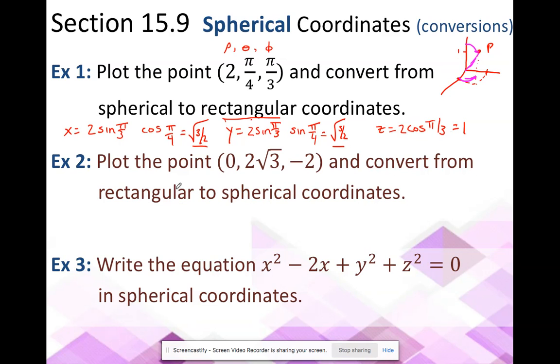So let's do the other way. Let's go to spherical. So for spherical, rho is the square root of 0 squared plus 2 root 3 squared, which would be 12, plus negative 2 squared, which would be 4. So that's nice. My rho is just 4, square root of 16.